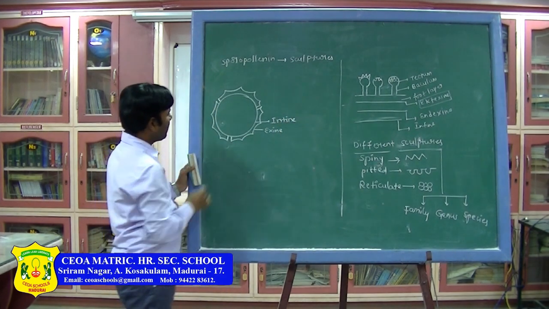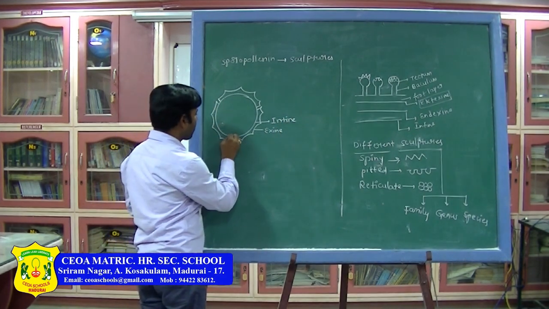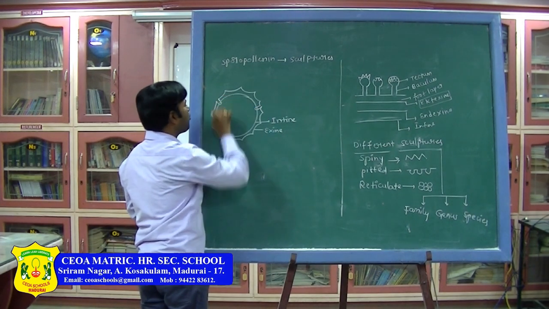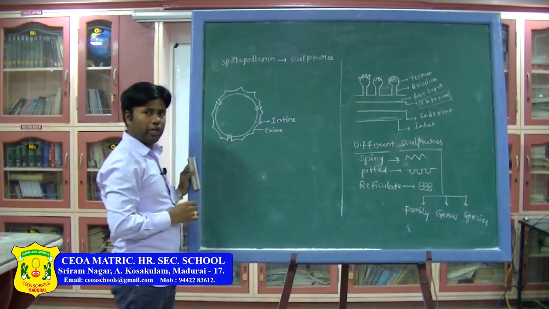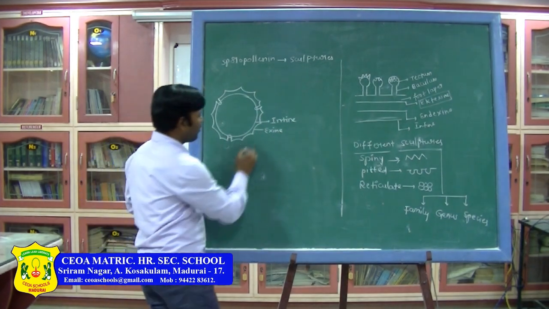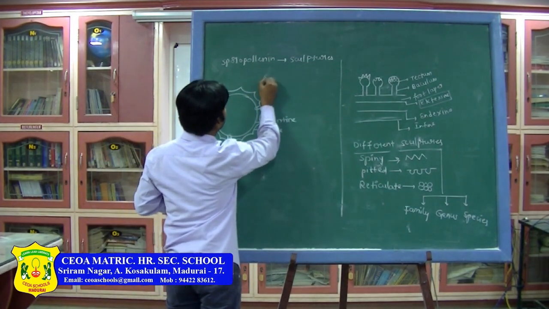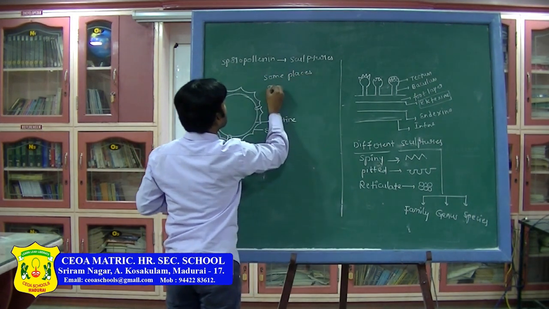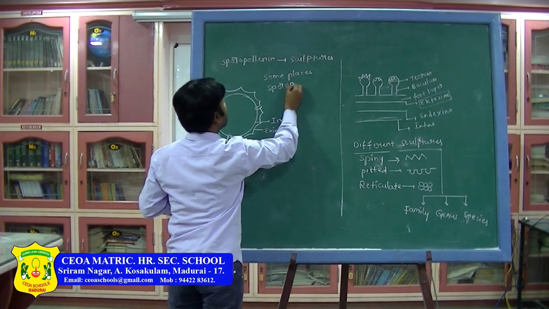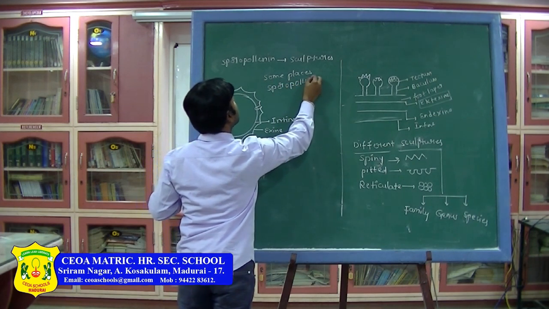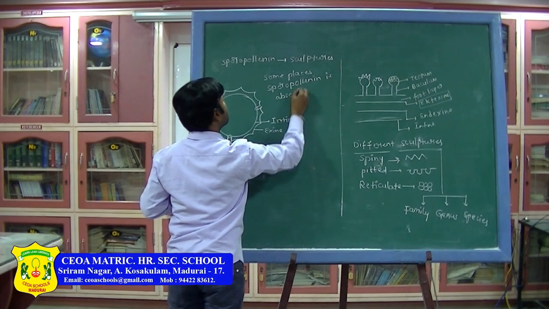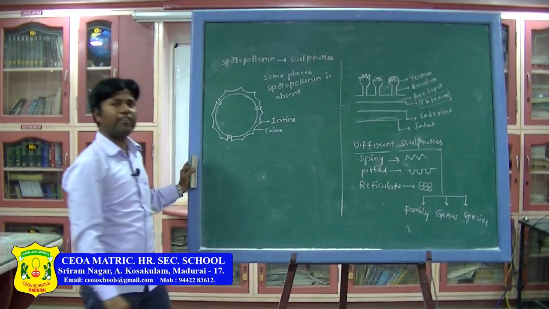But in some places when you observe, there is no formation of sporopollenin on the exine. Means in some places sporopollenin is absent.